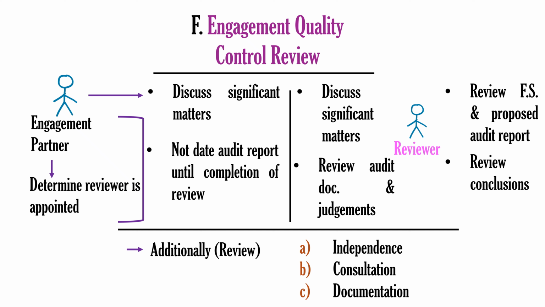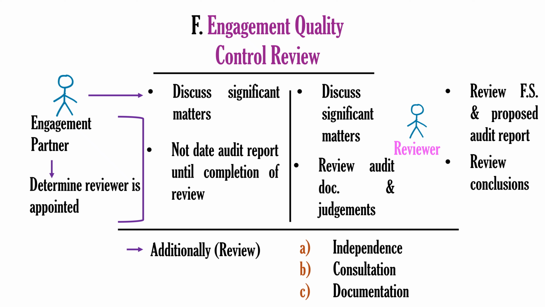Secondly, the reviewer should discuss significant matters with the engagement team, TCWG, management, and review the financial statements and proposed audit report. Also, to review audit documentation and significant judgments. Lastly, it should review the conclusions that are framed by the auditor.